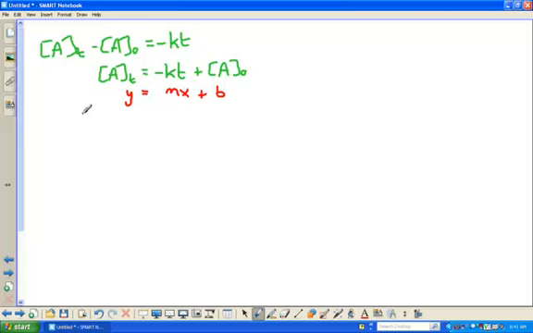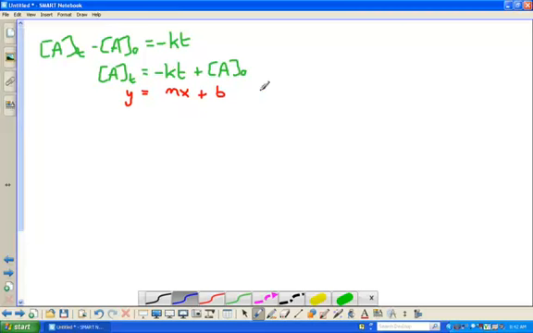Alright? Where k is my slope, a sub 0 here is the intercept. This is my value for y. But the thing that's important is the slope. Notice there is a negative sign here, and so if I plot a sub t versus time, what I get is a slope of negative k.